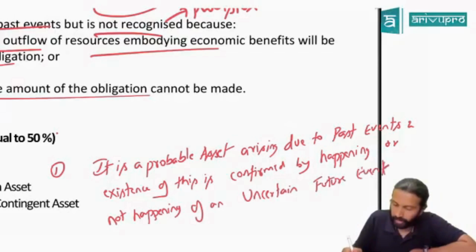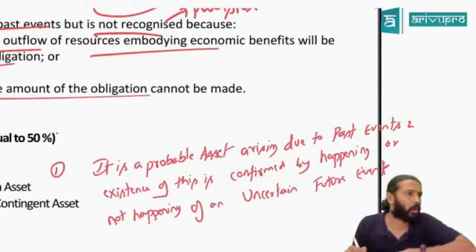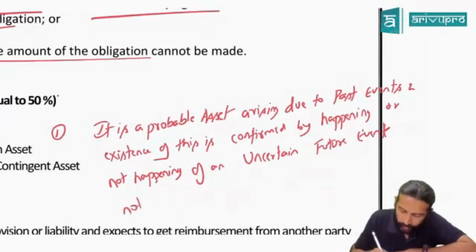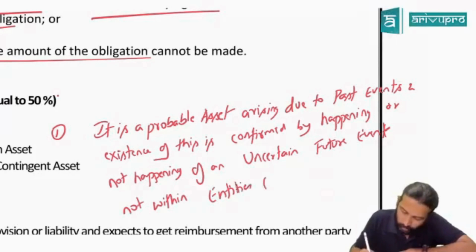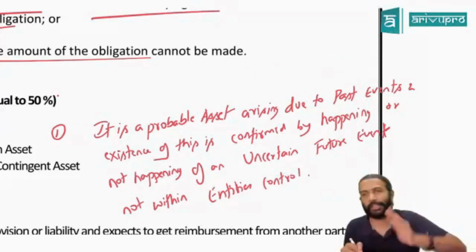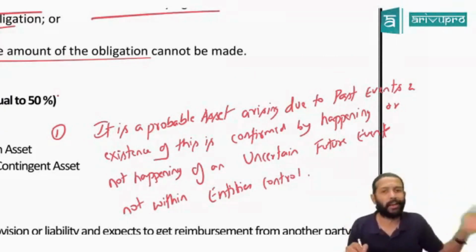Is that uncertain future event in anybody's control? So, of the happening of an uncertain future event not within the entity's control. So I've used the contingent liability definition and accordingly constructed the contingent asset definition.